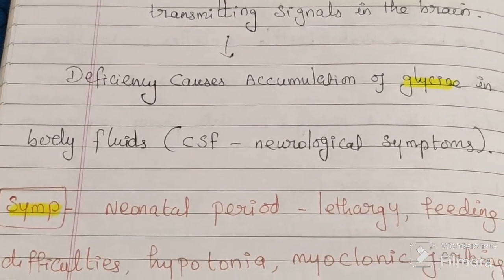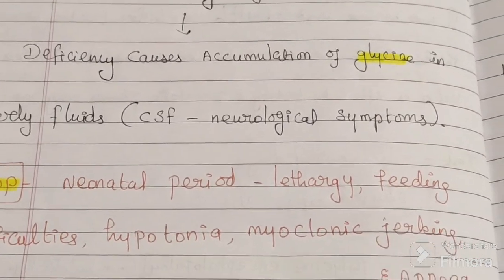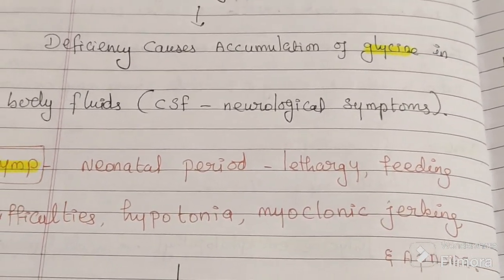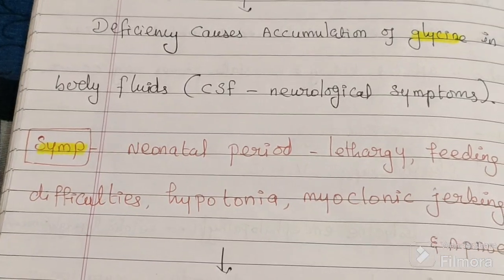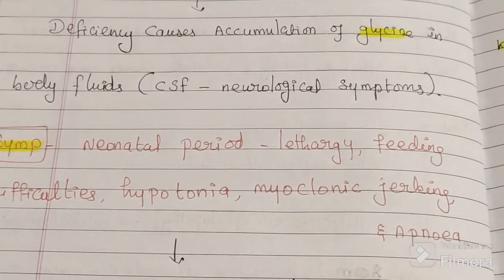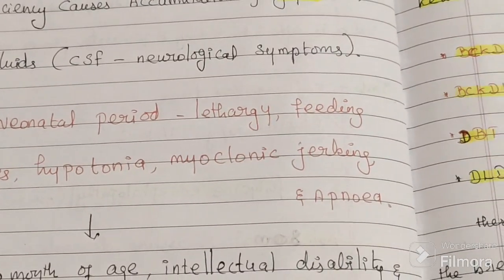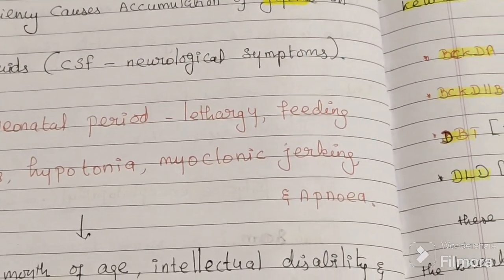Symptoms occur during the neonatal period and include lethargy, feeding difficulties, hypotonia, myoclonic jerking, and apnoea.